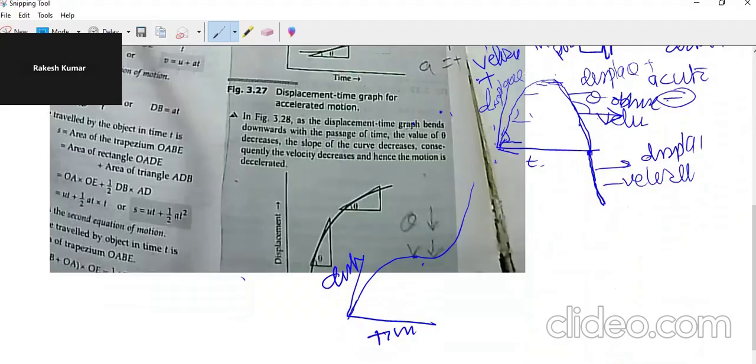What about the slope? The slope, again the same thing. Theta goes on decreasing, becomes zero. Then again it increases. But what are we showing? We are showing the speed here. The slope of the distance time graph is speed.